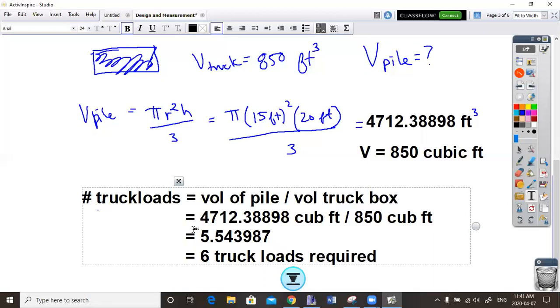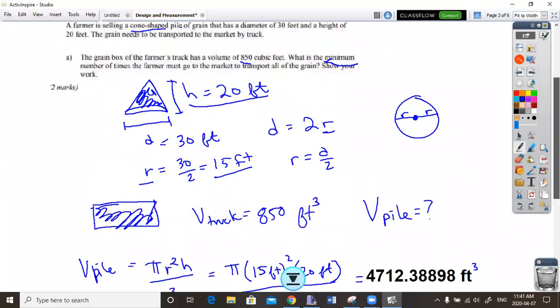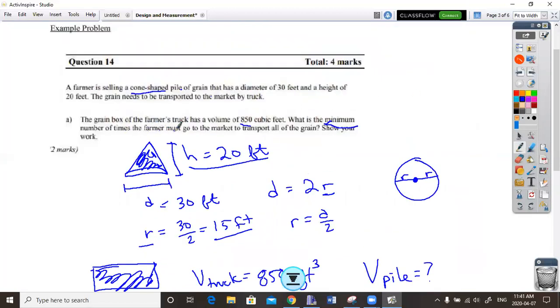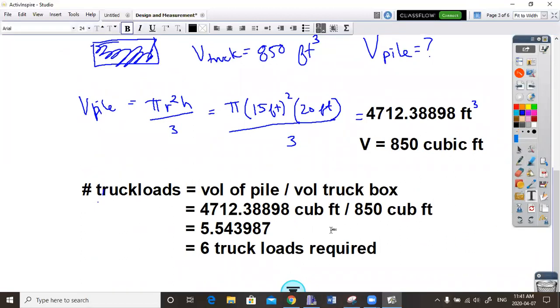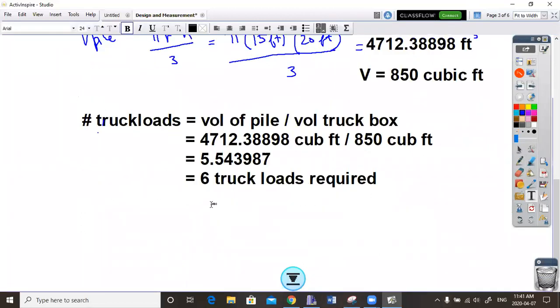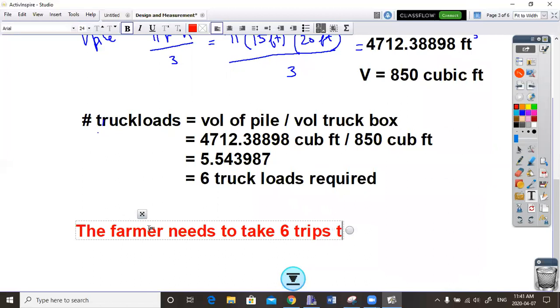If we go back to the problem, it's asking how many times must the farmer go to market? Our final answer: the farmer needs to take 6 trips to market.